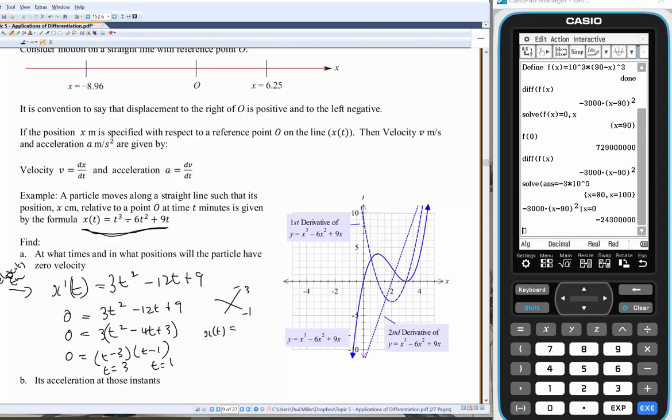Oh, I need to work that out. So I'm going to do not x of t, I'm going to do x of 3, which is 27, take away 6 lots of 9, plus 9. Is that right? 3 cubed.